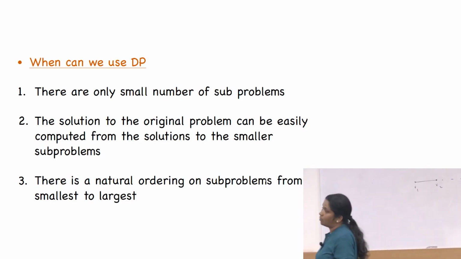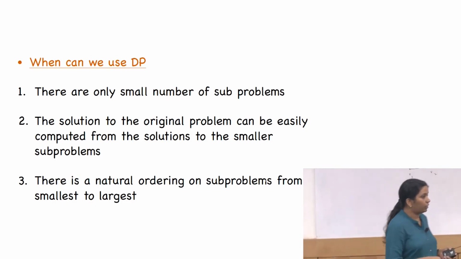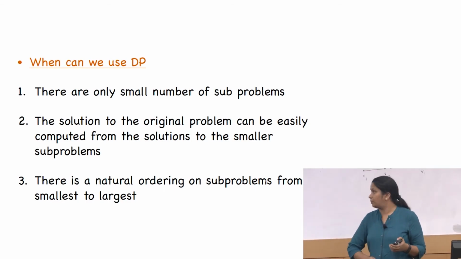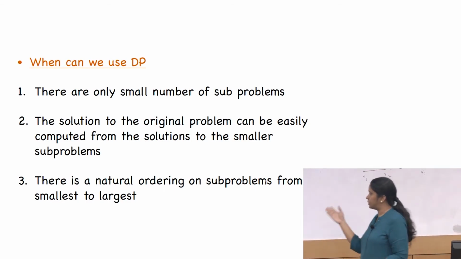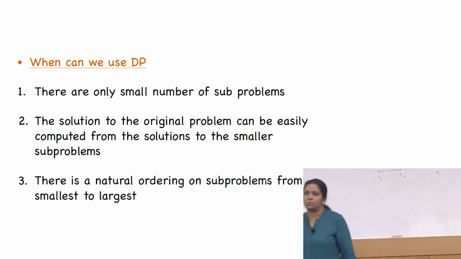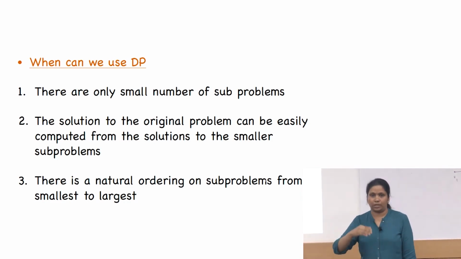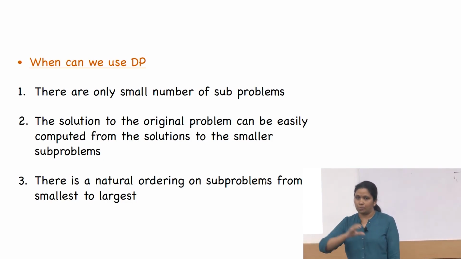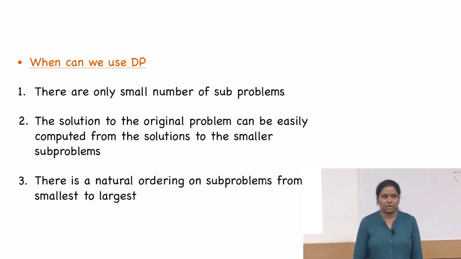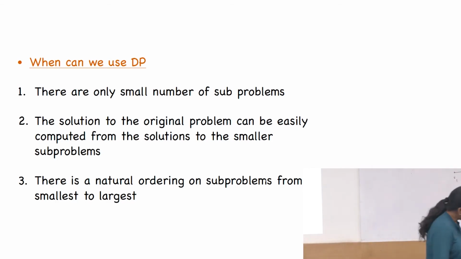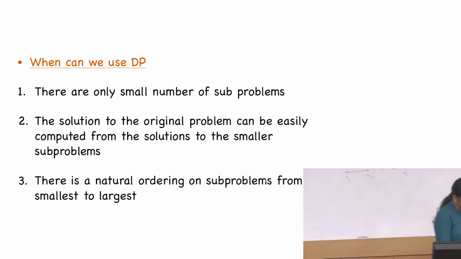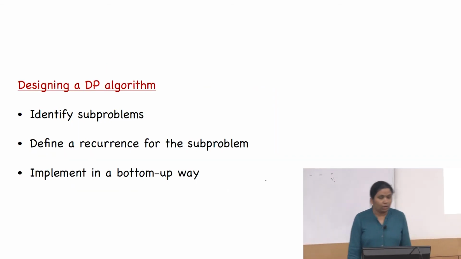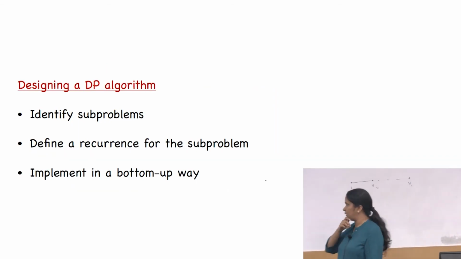The solution to the original problem can be computed using the solutions of smaller subproblems, and also there is a natural ordering on subproblems from smallest to largest. This is needed so that you can solve the subproblems from the smallest, and finally to the largest. Okay, right. And in dynamic programming, these are the steps that you usually follow.